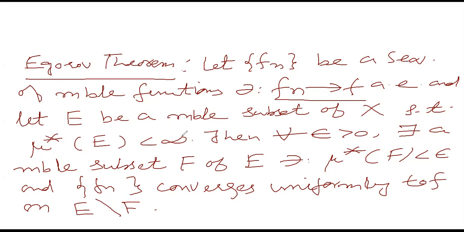Then for each epsilon positive, I can find a subset F of E such that fn converges uniformly to f on E minus F, outside of F.